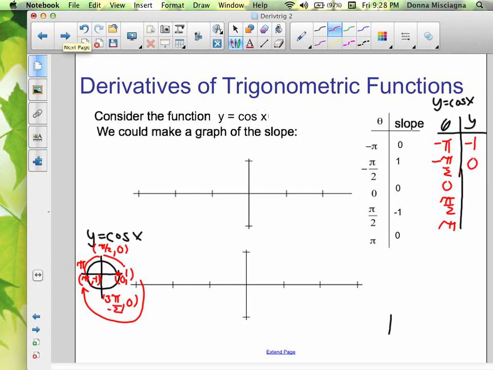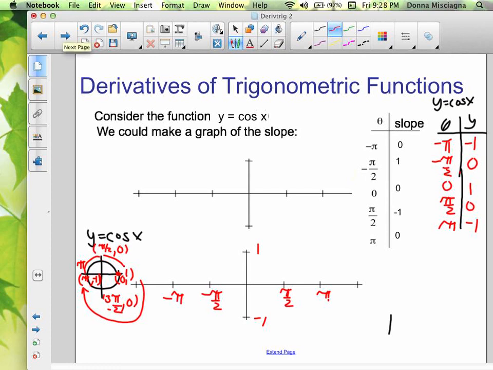That's going to be 0. At 0, cosine is 1. Pi halves is 0, and pi is -1. So let's graph that. This value is 1, and this is -1. This is pi halves, and this is pi, and this would be negative pi halves, and this would be negative pi.